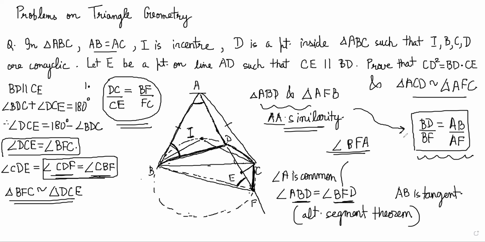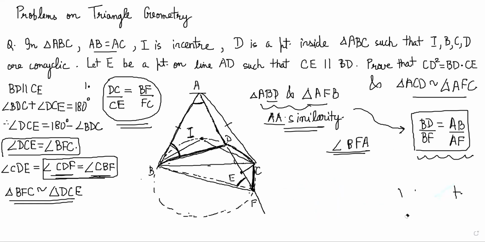The ratio of the sides in these two similar triangles we have written like this. Now, if you think about it, BD by BF is equal to AB by AF, and AB is equal to AC, so it can be written as AC by AF.